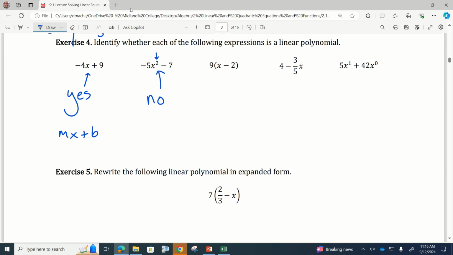It just has to be constant times x plus a constant. What about this one? This one is a yes because I could write this exact same expression like that, where m is 9 and b is -18.